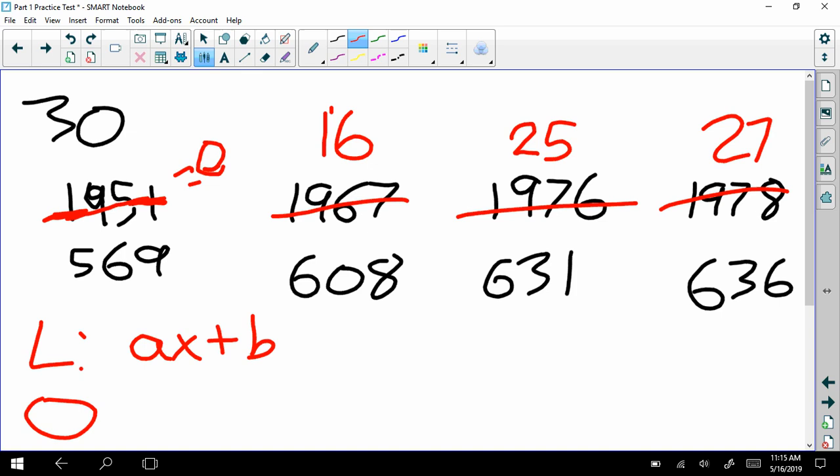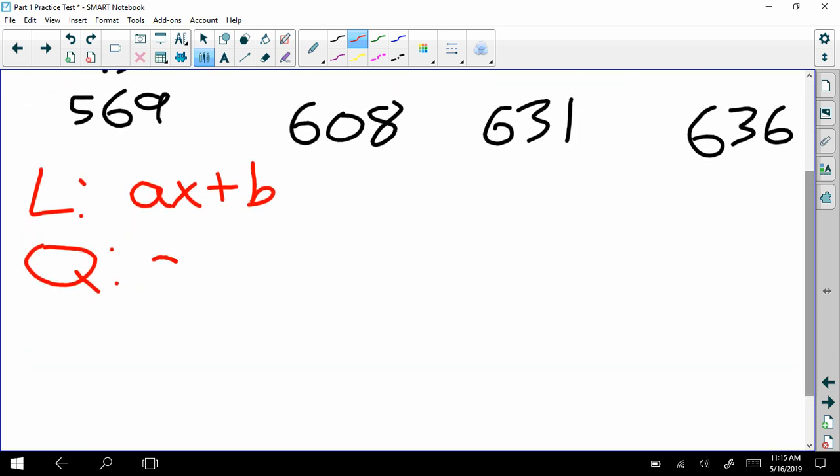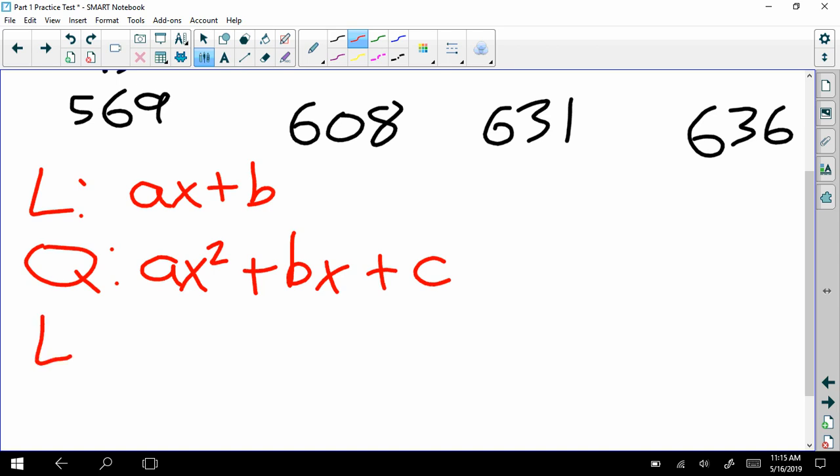Quadratic is x squared, ax squared plus bx plus c. And then exponential, the last one it asks for, I'm going to choose the one that's a, b to the x. Every calculator has that one.